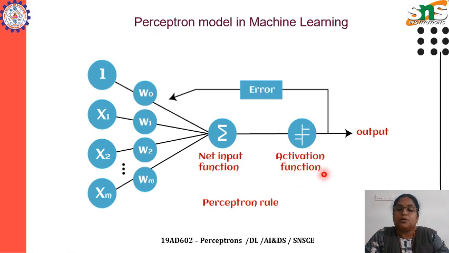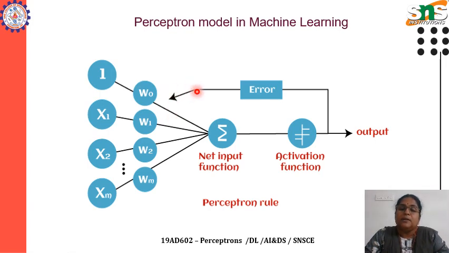It is mainly used to check whether the neurons are fired or not, which means whether the neurons are properly processed, or it is performing the function or not. If any errors are there in this particular layer, what we do, we will back propagate the same input back to this particular node, that is after assigning the weight. So we will rectify back, this is the concept called back propagation network.